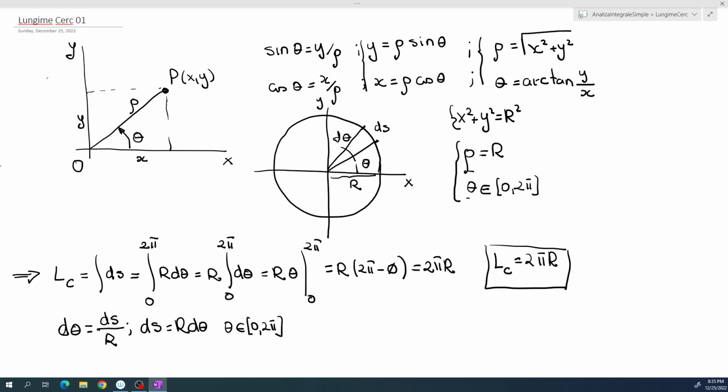In some cases, not all, of course, changing the coordinate system helps and makes the integral much simpler, like we see here, it's a very simple integral to calculate the length of the circle.